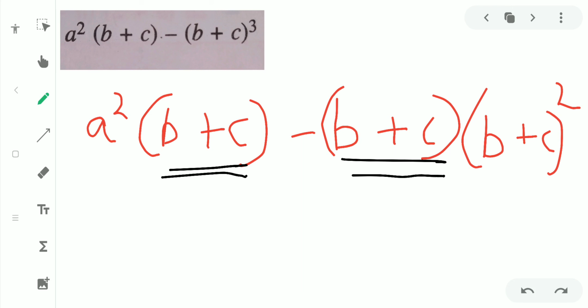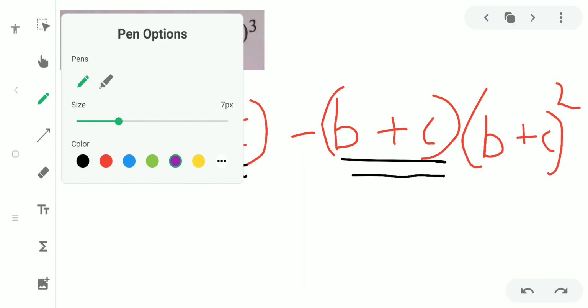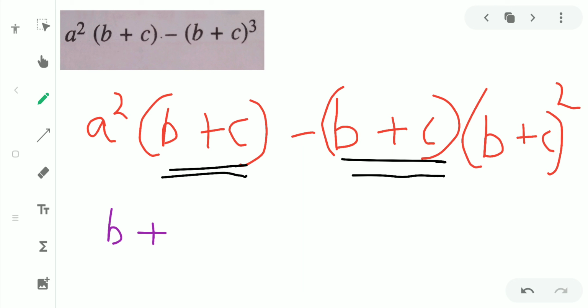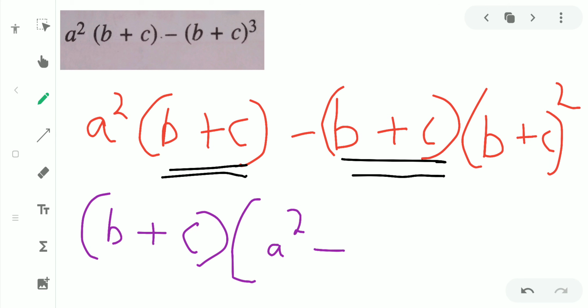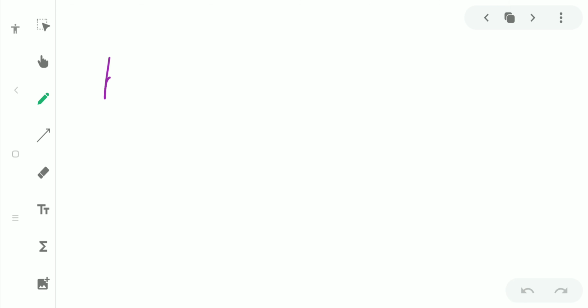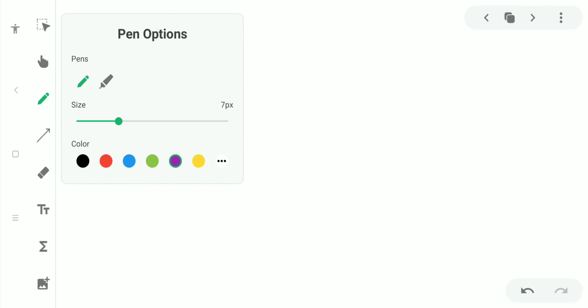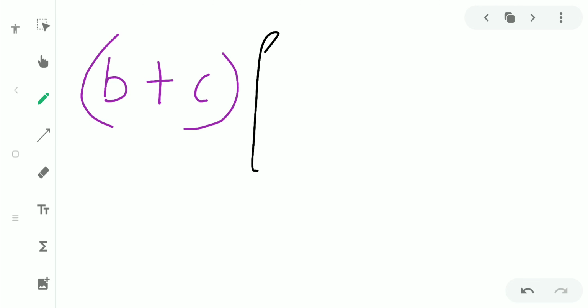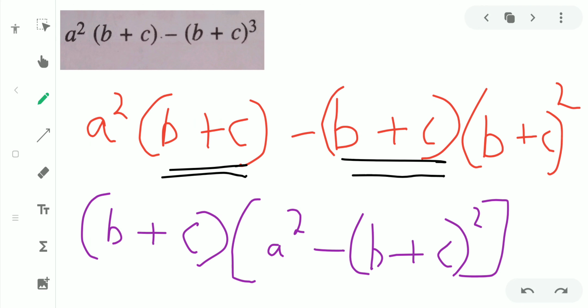So on taking b plus c common, we will have b plus c times a square minus b plus c whole square, because the leftover one over here is nothing but b plus c whole square.